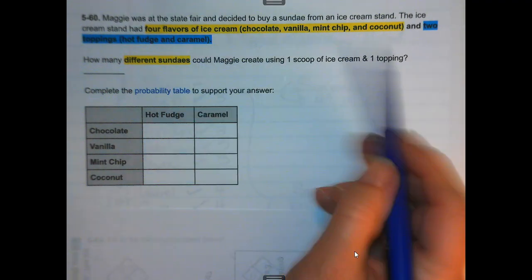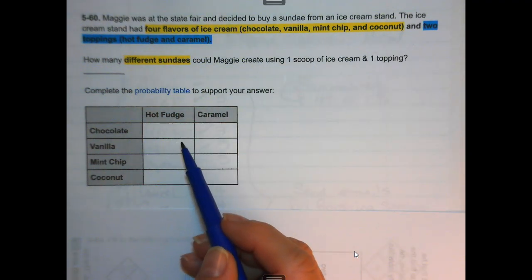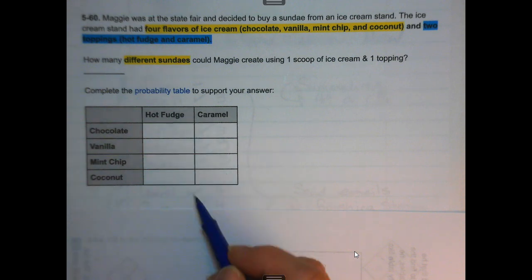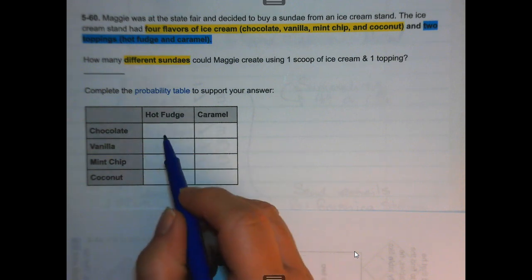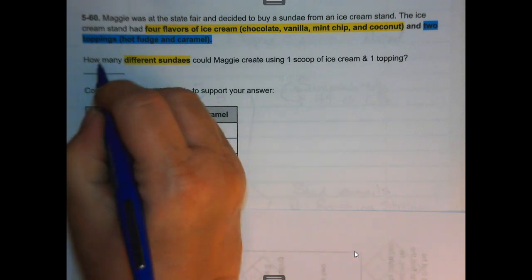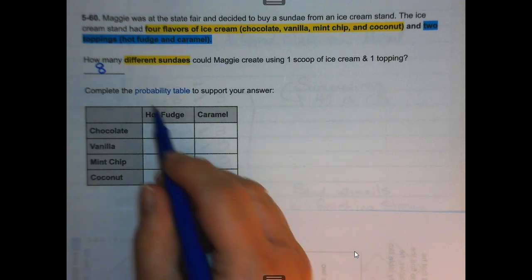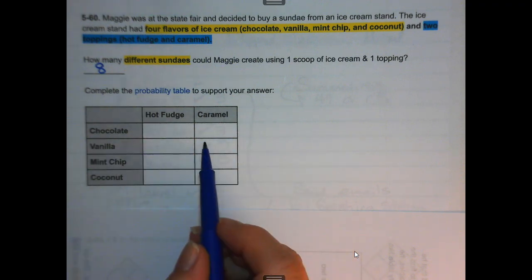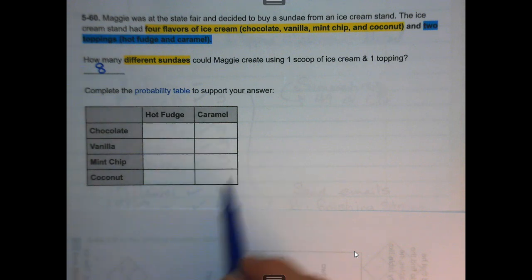I know that's hard to read on my paper here, but 2 toppings, hot fudge and caramel. How many different sundaes could she make? Well, 1, 2, 3, 4, 5, 6, 7, 8 is my guess, because I set up this grid so that I can record all of the possibilities here.